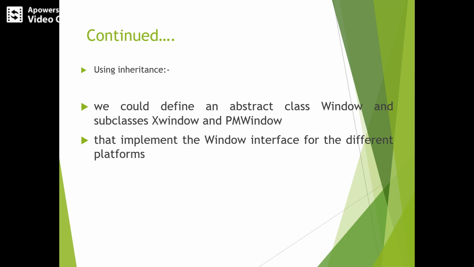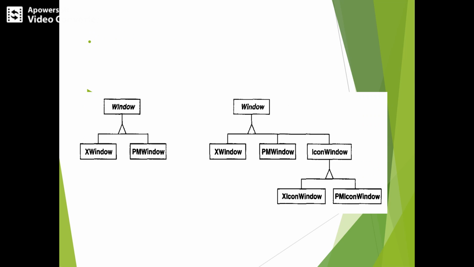How does this approach work? This approach has two great drawbacks. One, it's inconvenient to extend the window abstraction to cover different kinds of windows or new platforms. Imagine a Window followed by XWindow and PMWindow, and then an icon window.